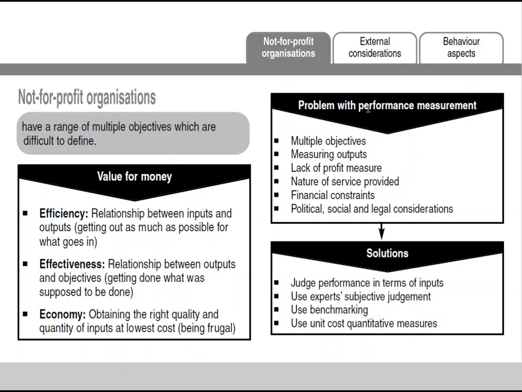Lack of profit measure. When there is no profit, then it is very difficult to look at an organization to see its performance. Nature of service provided. Maybe the service that they have provided is something that is new, and it is very difficult to measure whether it is being provided well or not. Financial constraints.